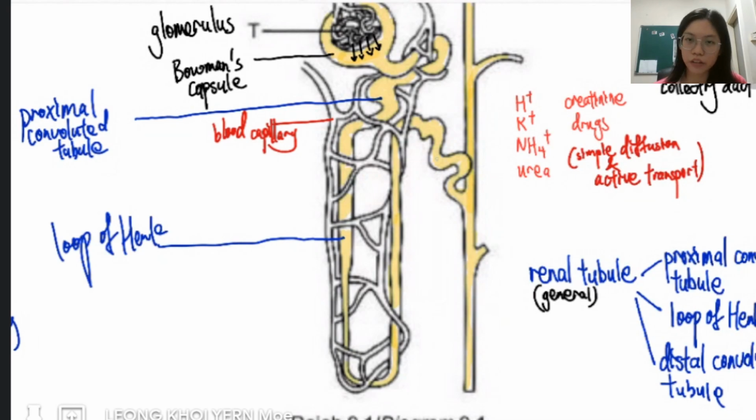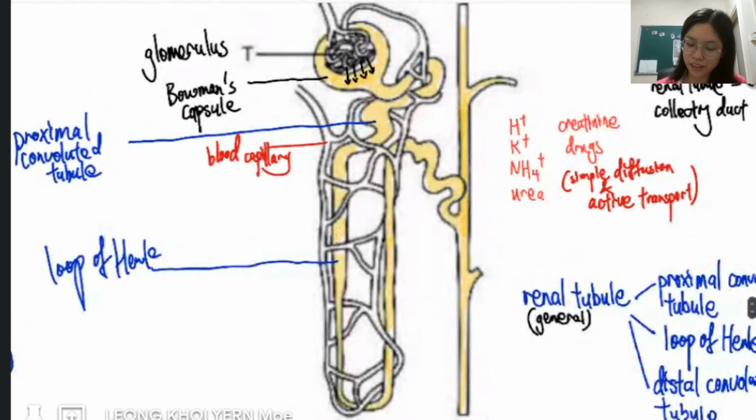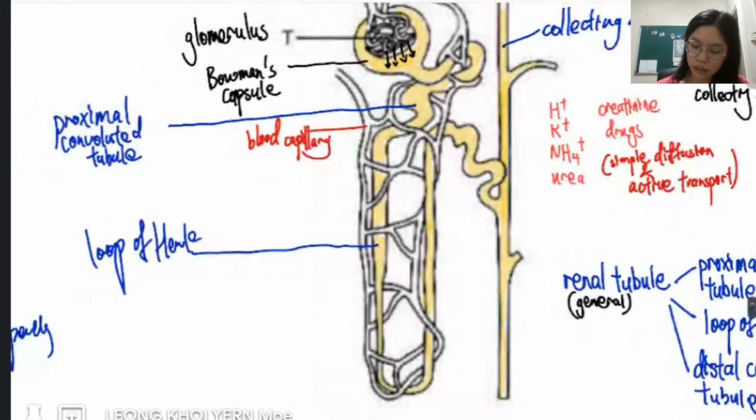Before entering the collecting duct, it looks like a bamboo stick, but not bamboo. Basically you can see it's just one stick right here, with small things branching out a bit. It's basically your collecting duct. Before entering your collecting duct, you reach your distal convoluted tubule.